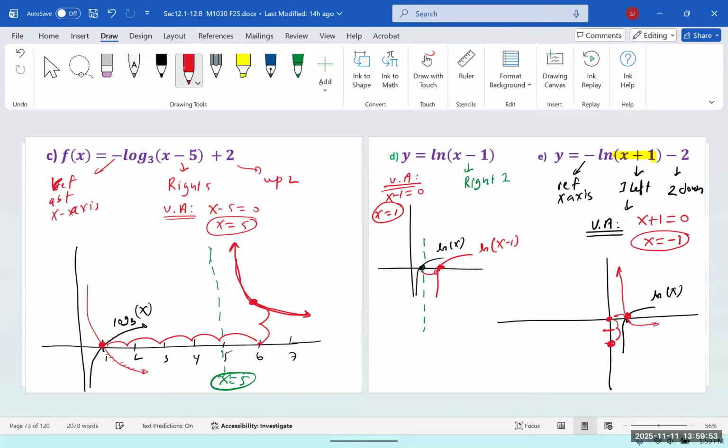We cannot cross x equals negative 1, so draw your wall and then draw the graph. This is the final product: negative ln of x plus 1, minus 2.